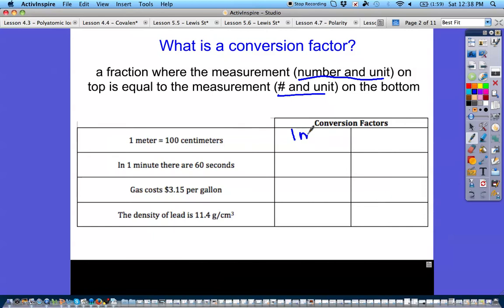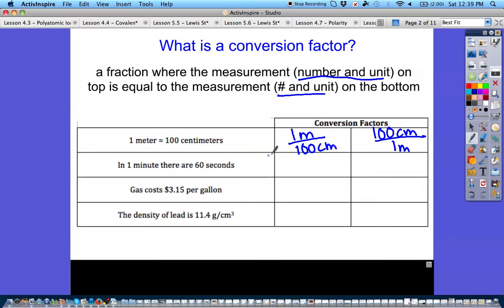So we can write this 1 meter over 100 centimeters, or we can write 100 centimeters over 1 meter. These are equal to each other. They would equal 1. We can write them either way depending on what we start with and what we want to find.